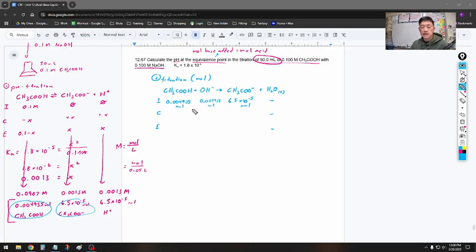All right, and then the acid and the base are going to neutralize one another, so we're going to be losing the same amount of each. So we're going to end up with zeros for our two reactants, and for our product, we're going to be gaining the exact same value.